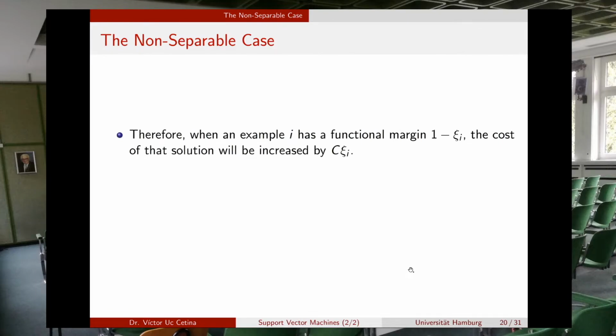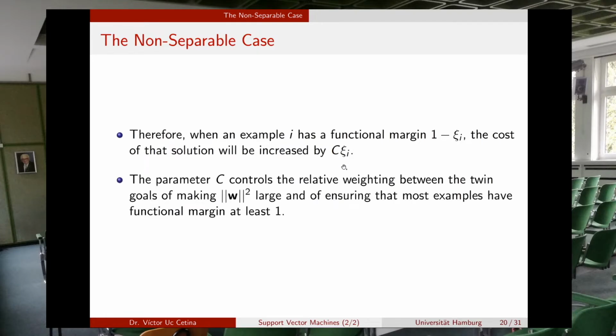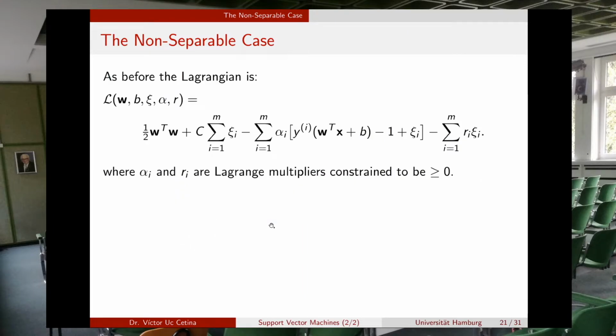Therefore, when an example i has a functional margin 1 minus ξi, the cost of that solution will be increased by C times ξi. The parameter C controls the relative weighting between the twin goals, which are making the norm of w small, and ensuring that most examples have functional margin at least 1.